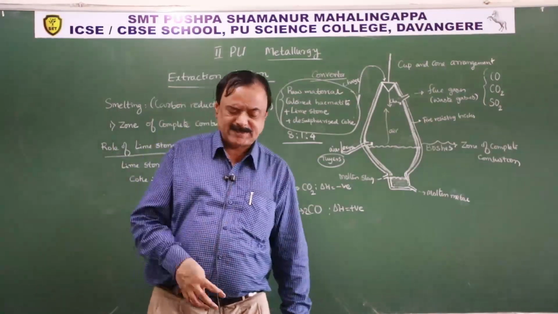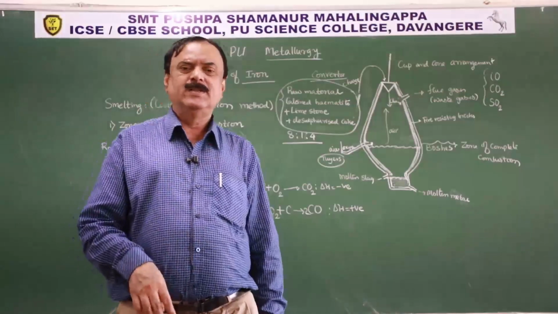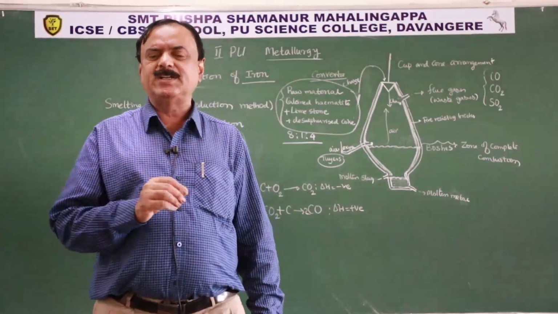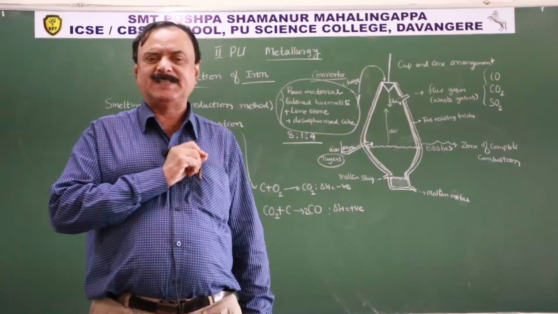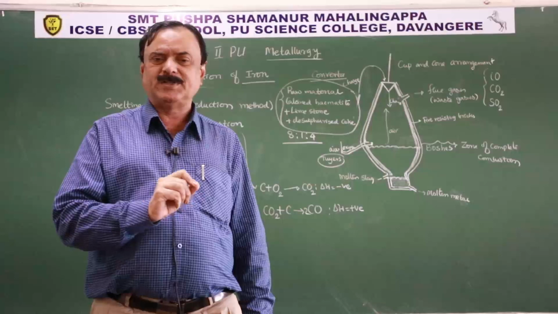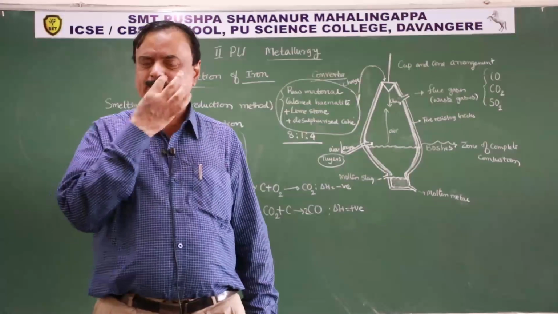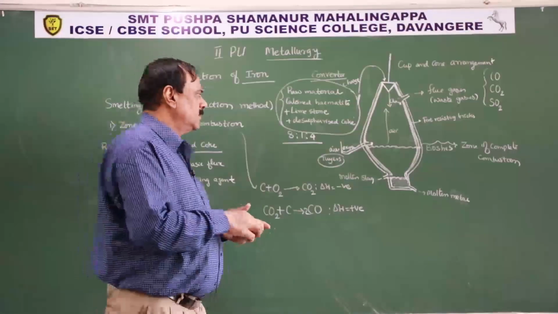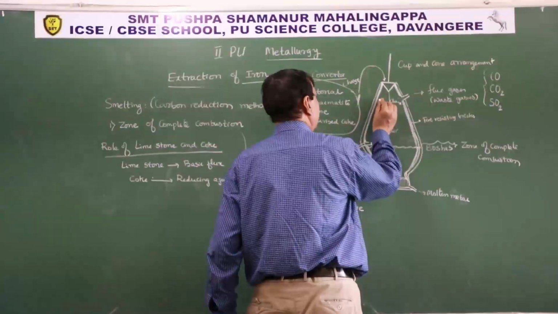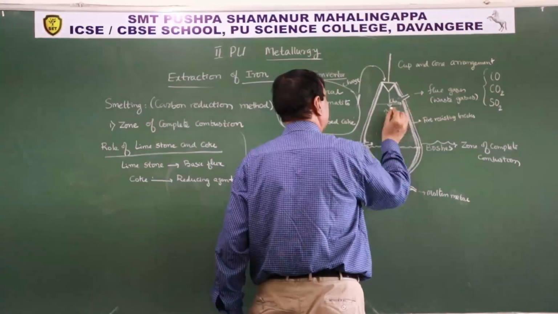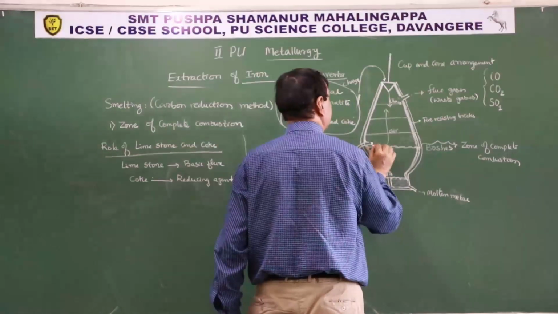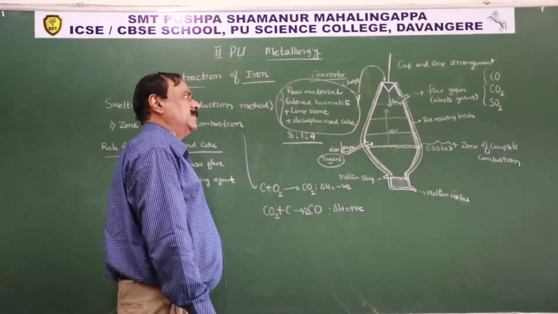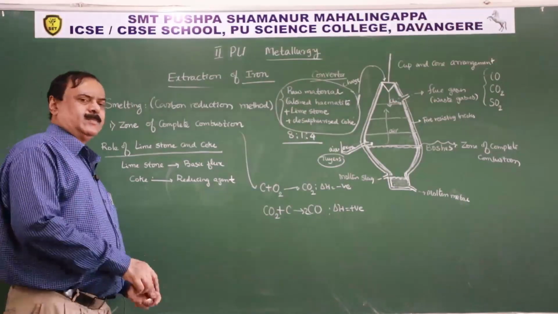Whenever the furnace is in working condition, there is minimum temperature at the top and maximum temperature at the gaseous region. Therefore, we have various temperature zones. Is it clear?